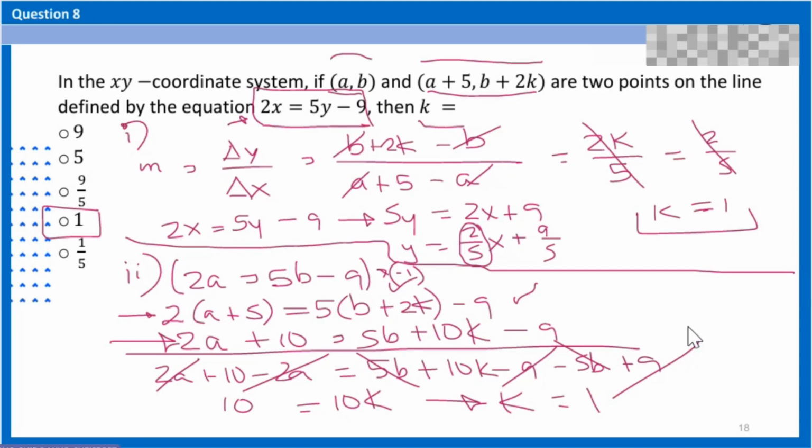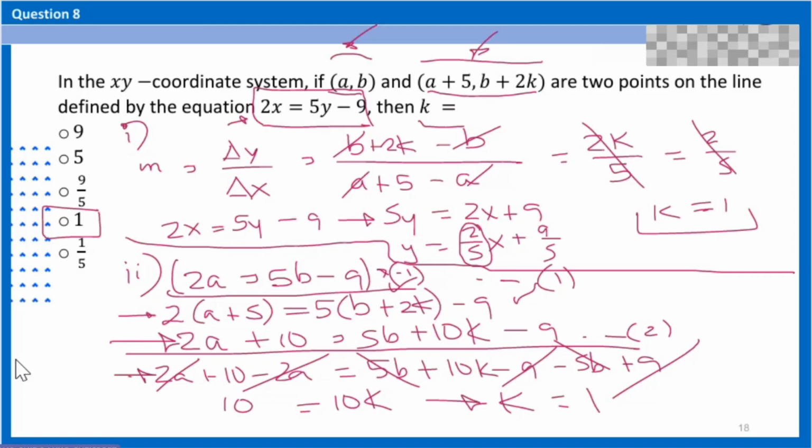Yeah, because let's say I have this equation, I call it 2, because this is a true equality that turns out from the substitution of the coordinates of this point in the equation of the line. It must be a true equality. Same I did for this point. This is the equality we call number 1. So here I'm subtracting 2 minus 1.